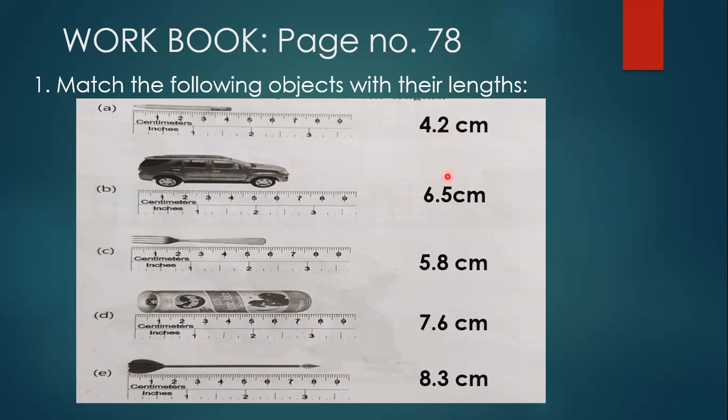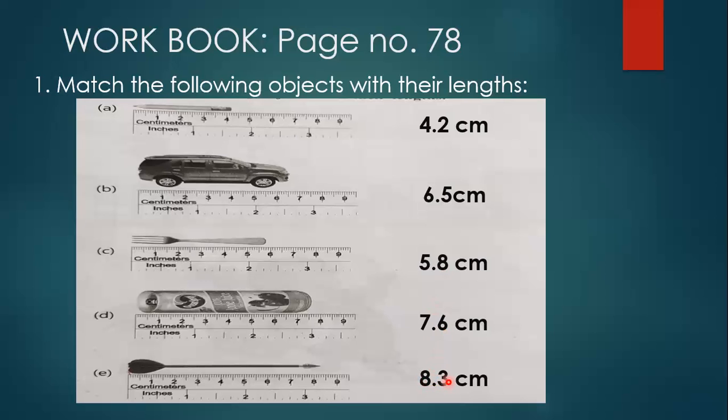Same way, 6.5 centimeter is 6 centimeter 5 millimeter. 5.8 centimeter we can say as 5 centimeter and 8 millimeter. Similarly, 7.6 is 7 centimeter 6 millimeter, and the last, 8.3 centimeter, is 8 centimeter and 3 millimeter.